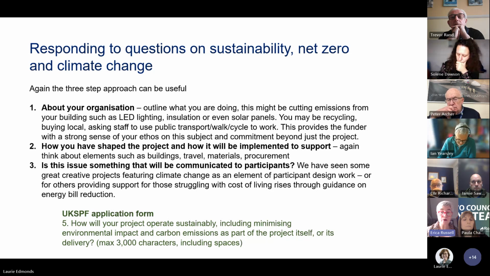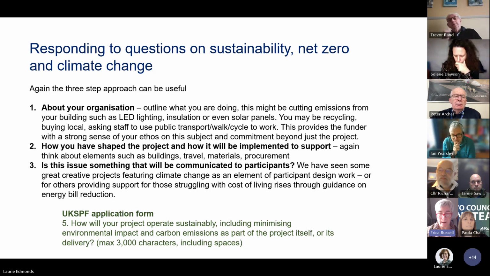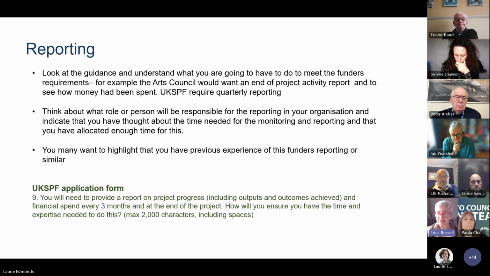We've seen climate change coming through as part of the design and creativity work that participants have been involved in. But we've also seen some very exciting work through organisations providing volunteer and caring support, where they've been linking through to things like fuel poverty and energy bill reduction support. So, really trying to build this into some of the delivery as well. Next slide, please.